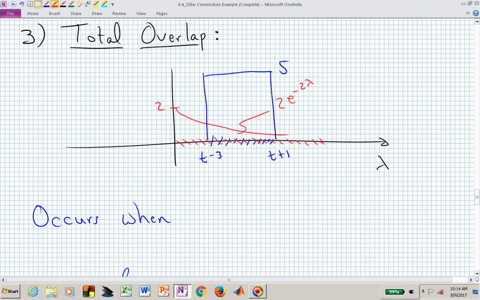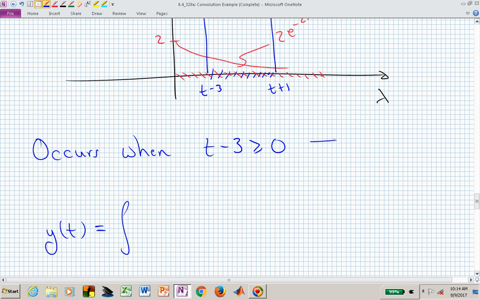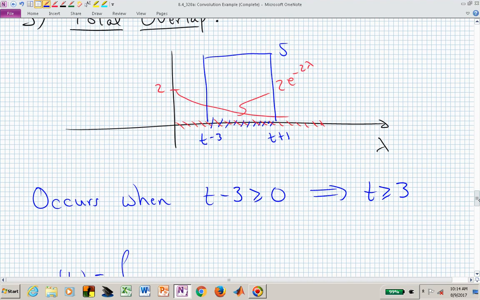This picture happens under what conditions? Well, the condition that made this unique is when t minus 3 became bigger than 0. It slid past lambda equal to 0, so that as long as t is greater than or equal to 3, this is the pattern that we have.